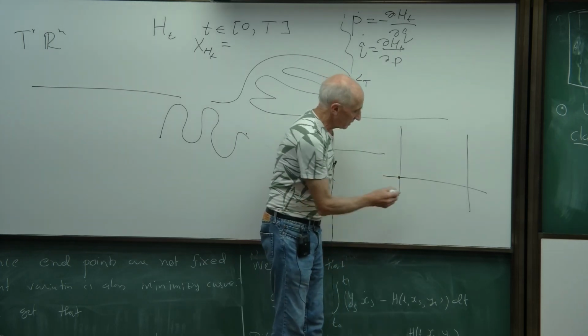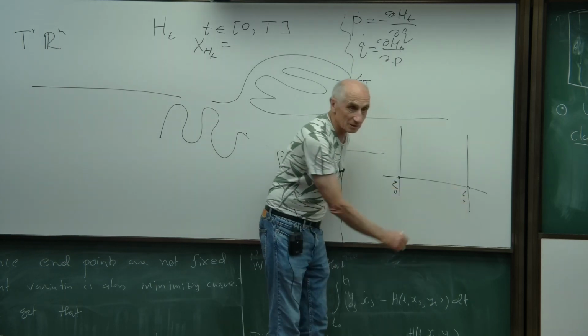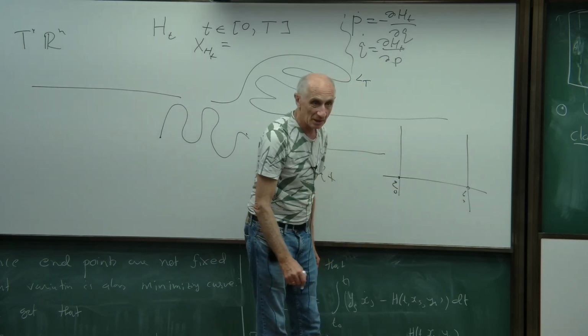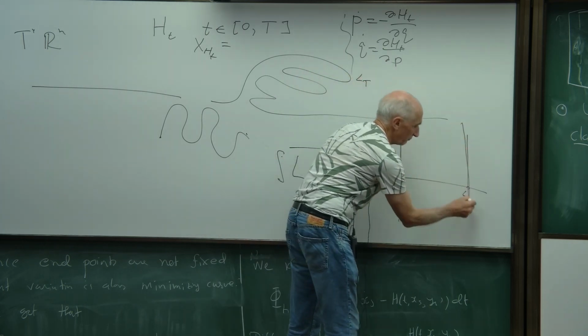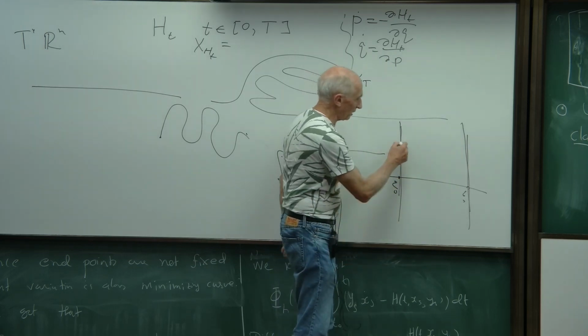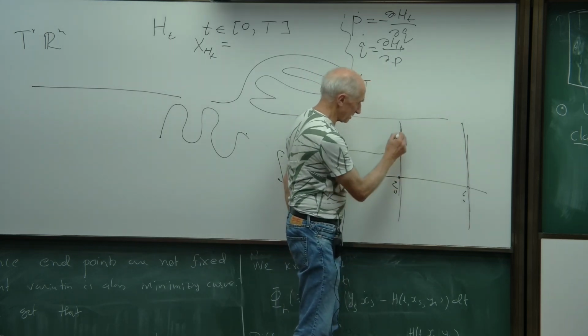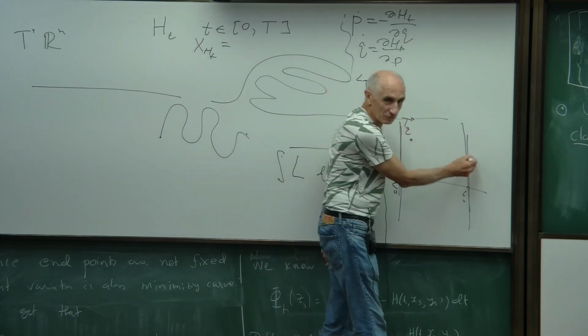You suppose you have two points in configuration space, but you do not fix the phase. So you take two fibers: this is our cotangent fiber over q0, and the cotangent fiber over the other point.